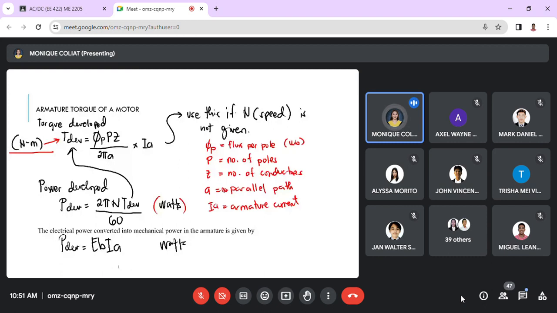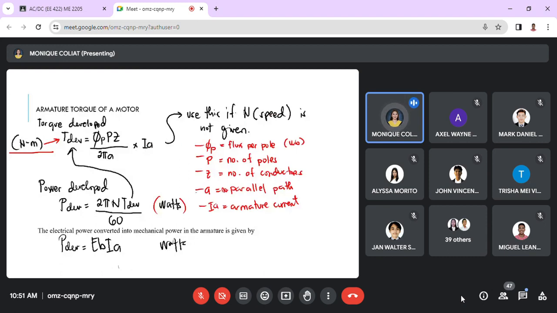Use this if N or the speed is not given. So flux per pole, then poles, number of conductors, divided by 2 pi times parallel paths, times armature current. Okay, so ito yan.